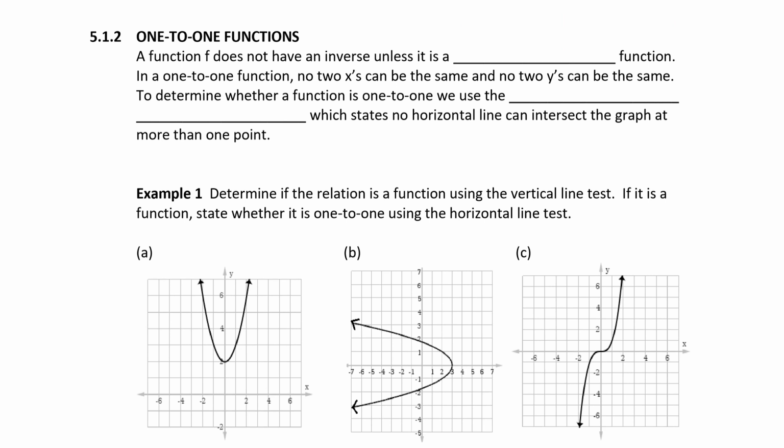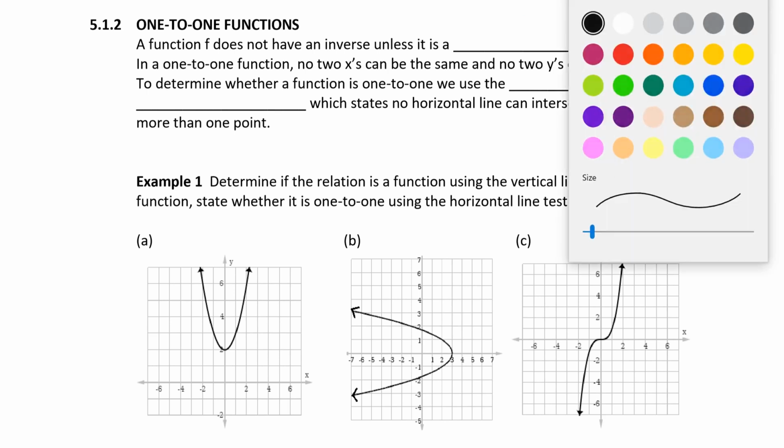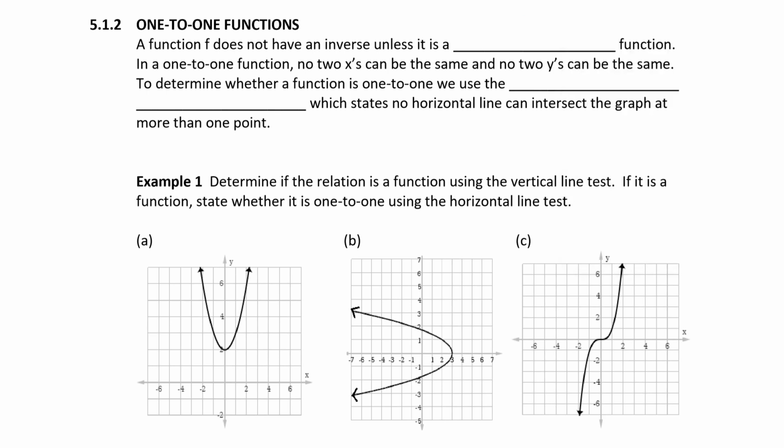So let's consider section 5.1.2, one-to-one functions. A function f does not have an inverse function unless it is a one-to-one function. Sometimes you'll see me abbreviate that 1-1. What this means, in a one-to-one function, no two x's can be the same and no two y's can be the same.